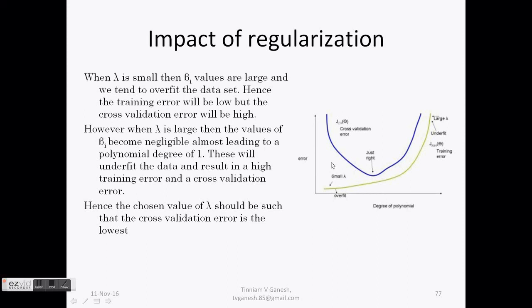The cross-validation error for small lambda would be very high, and as you increase the lambda, the cross-validation error will keep coming down, and then you'll reach a point where it reaches the minimum, and then for a very large lambda, it will start increasing again.